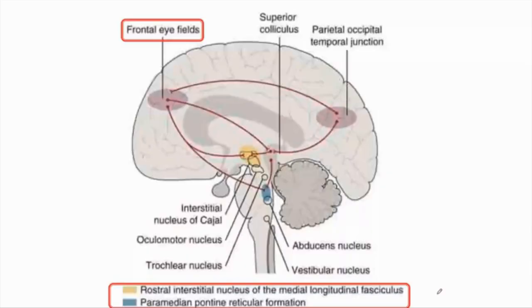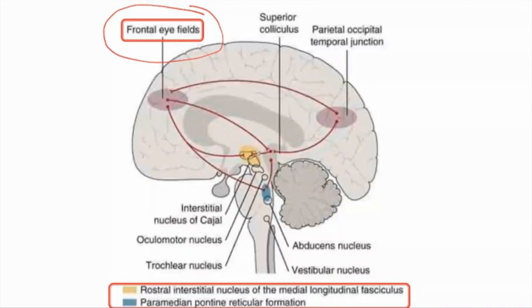So again, let's summarize the pathway for the saccadic eye movement. It is initiated from the frontal eye field, or area number 8 in the premotor cortex. Then impulses will pass to the opposite side until they reach the level of the inferior colliculus in the midbrain. They will supply the two centers.